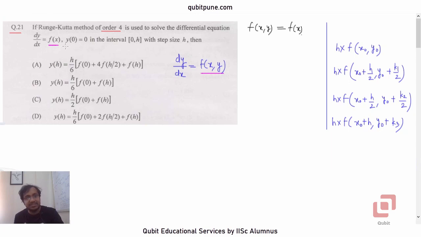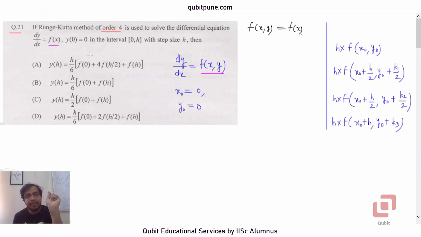So the right side is just f of x. The next thing is we are given the values of x naught and y naught. So here x naught is 0 and y naught is also 0. Okay, because they have given us y of 0 is equal to 0.